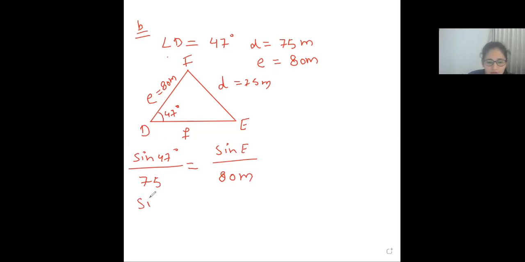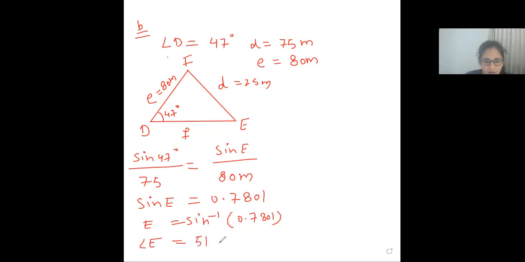From here, cross multiply and find the value of sine E, which will be equal to 0.7801. So angle E is equal to sine inverse 0.7801, which is 51.27 degree.